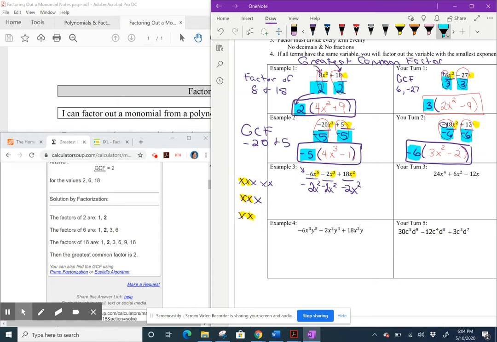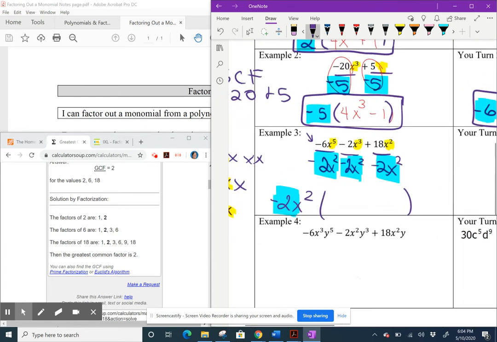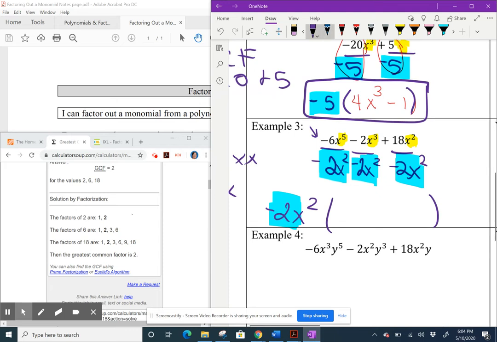Now, remember what I mentioned before. The factoring out of the monomial is the same every time I write it. Now we divide. Negative 6 divided by negative 2 is a positive 3.